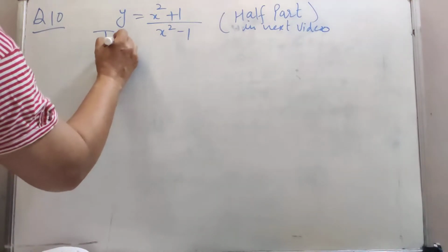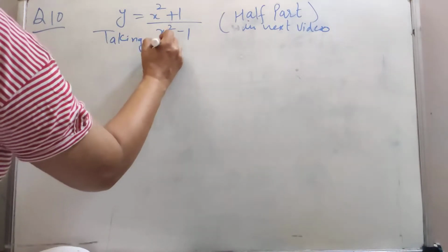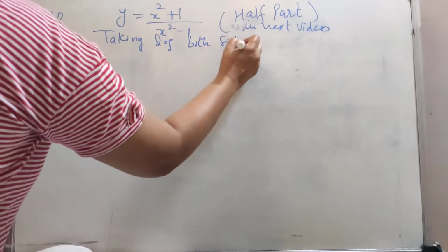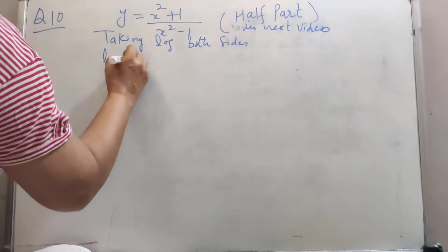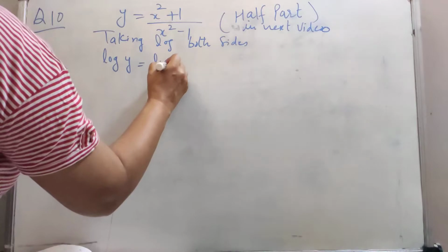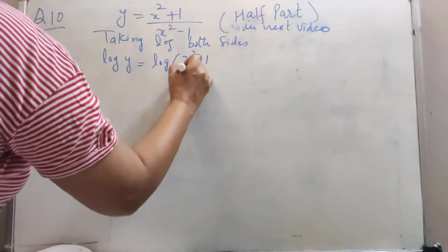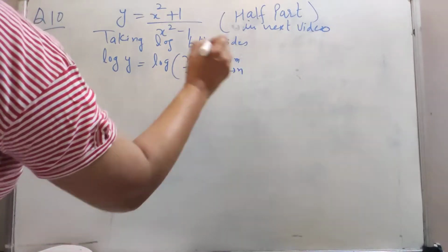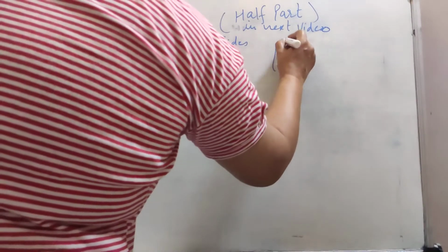Again taking log both sides. Log of y is equal to log of x square plus 1 over x square minus 1. This is your m, this is your n. So what is the rule for the logarithm?